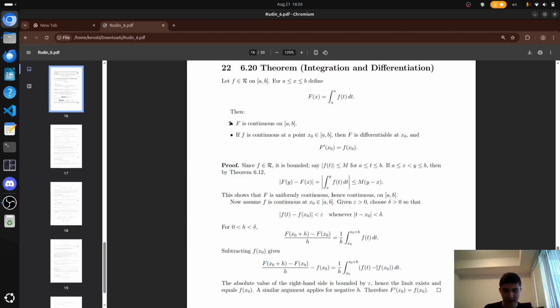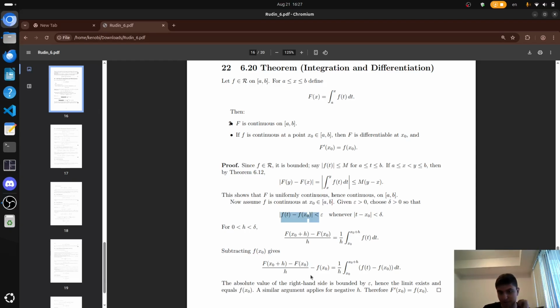And now you can take the absolute value on both sides. We know that this thing over here is f of t minus f of x naught, so it's going to be less than epsilon. And when you divide it by h, it depends if h is between 0 and 1.